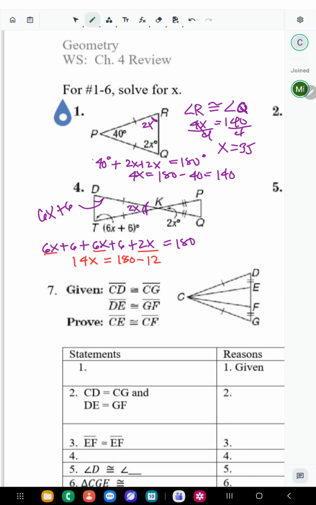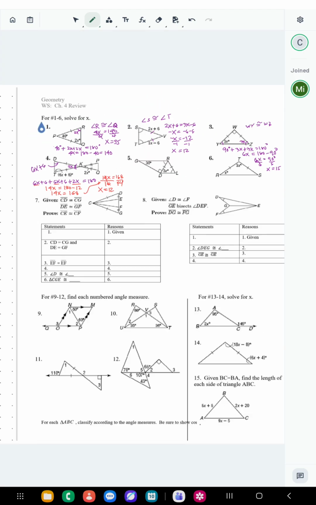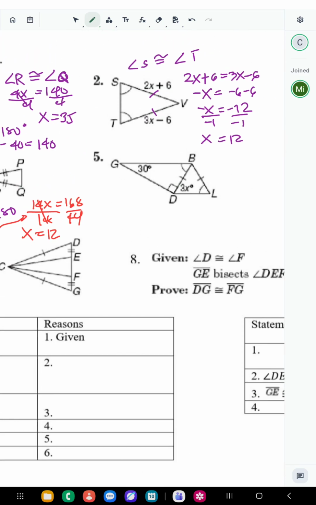What is that? 168. So we have 14x equals 168. Divide by 14. So x is equal to 12. Okay, no questions on this? Number 4. Okay, move to number 5.